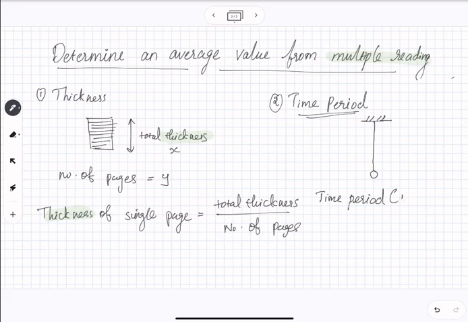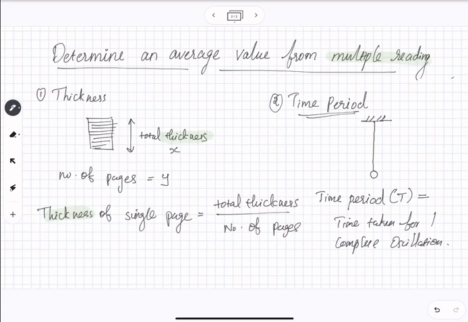So time period T of a simple pendulum is nothing but the time taken for one complete oscillation. In order to get an accurate value, instead of measuring one oscillation time, we can measure the time for 10 or more oscillations.